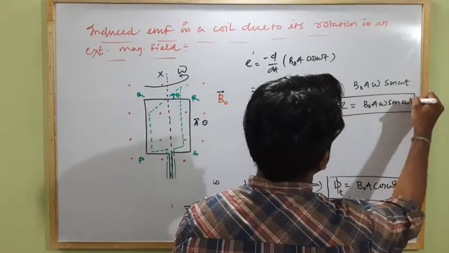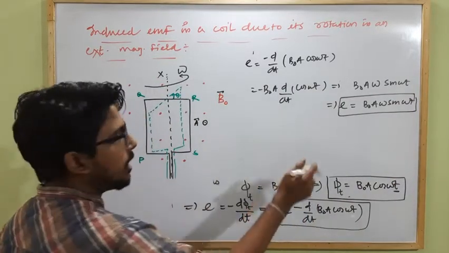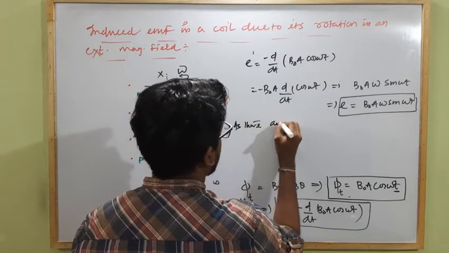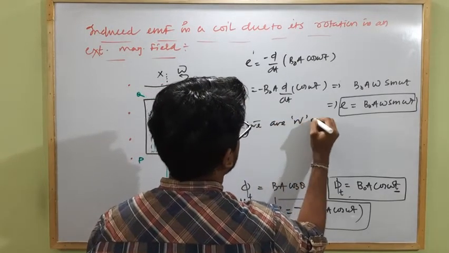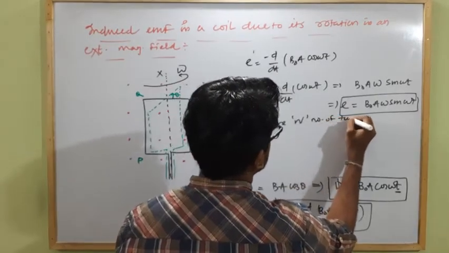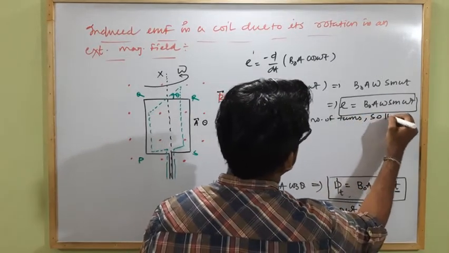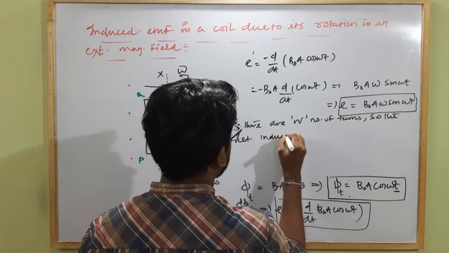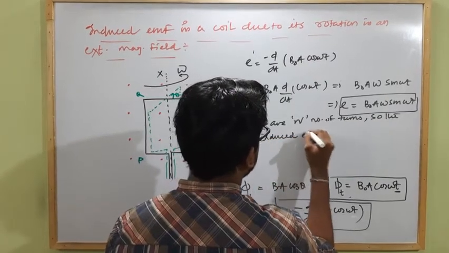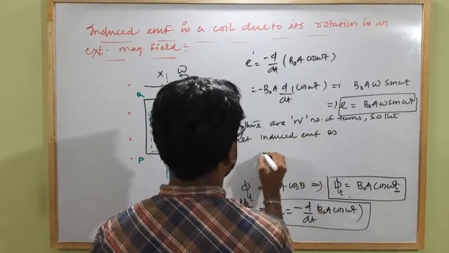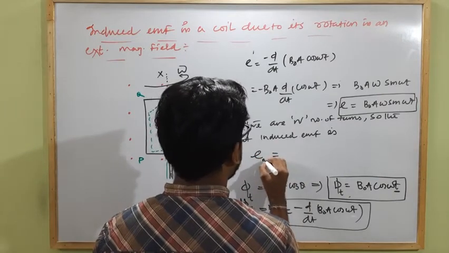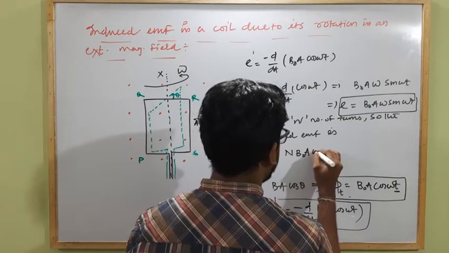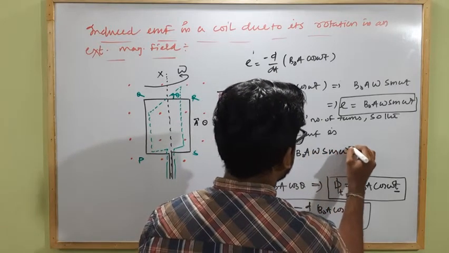So this is the induced EMF due to one turn of the coil, as there are n number of turns. So the net induced EMF E net will be equal to n B naught A omega sin omega t.